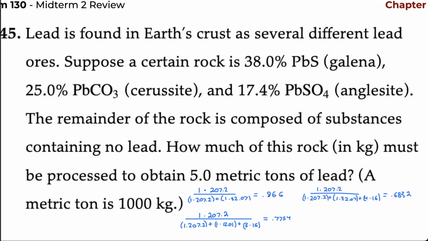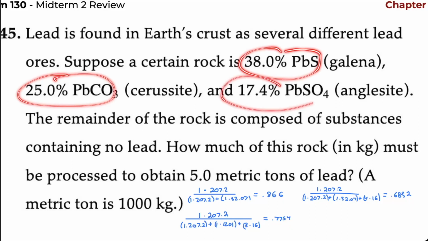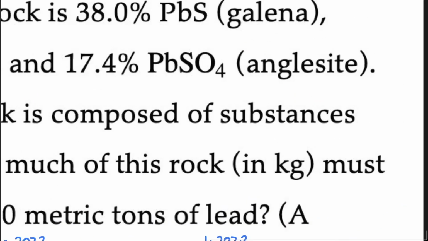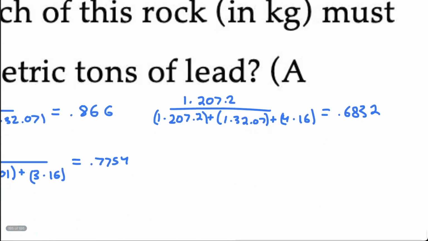And then we're going to multiply it by the percentage in the rock, right? So let's say we have 100 grams of the rock. That's why we're multiplying each of these by 100. We have 100 grams of the rock. How much of each of these are we going to have? So let's take 86.6 and multiply that by 38%.